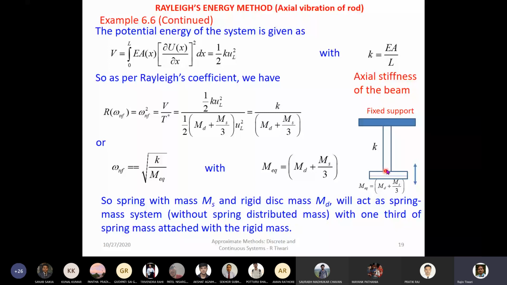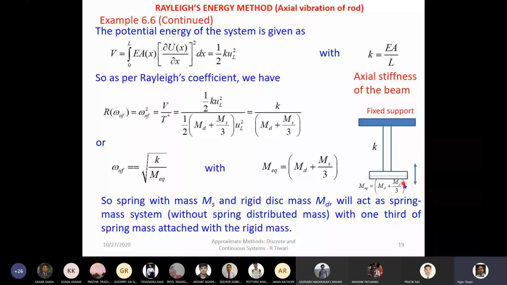So these two systems have equivalent natural frequency. So if you want to consider the spring mass in this system, in which the spring is massless, you just need to add 1/3 of the mass of the spring to the disk, and that will give the natural frequency of the continuous system.